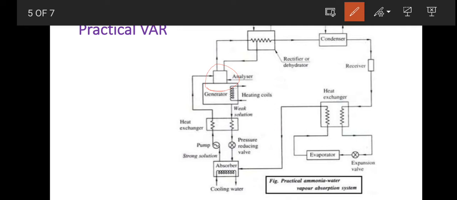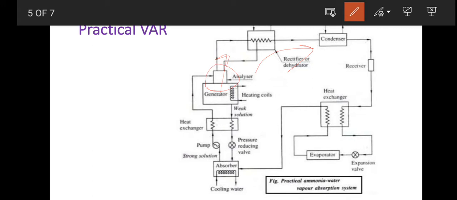Analyzer is just a column with perforated trays. Ammonia vapors are released from the generator, and sometimes they contain some amount of water vapor also. To avoid the water vapor passing to the condenser, we use the analyzer.